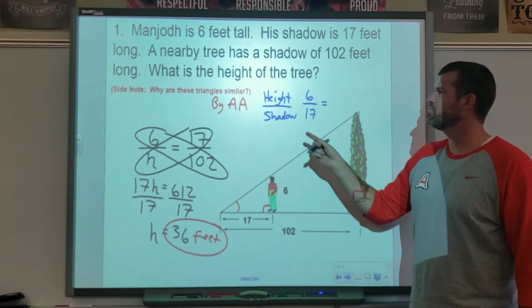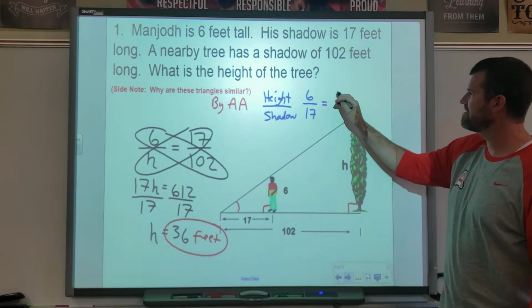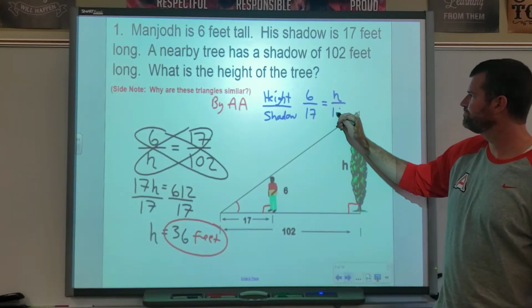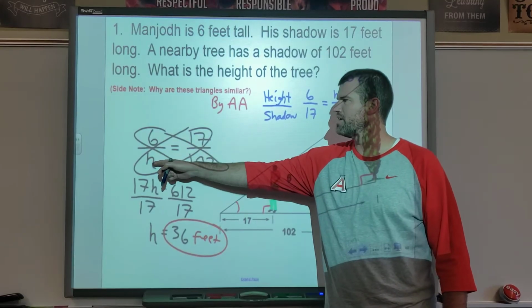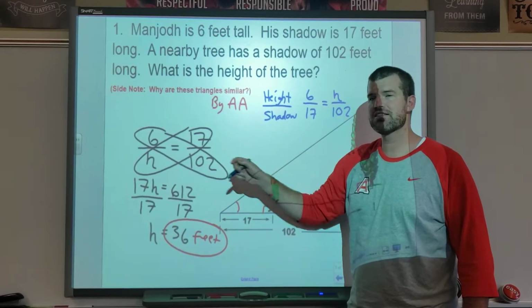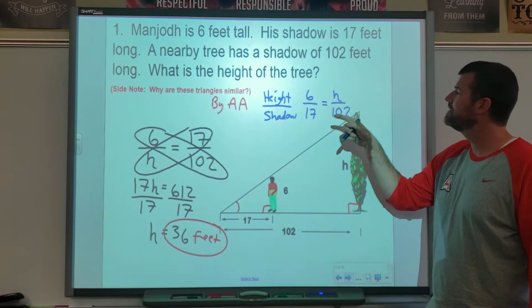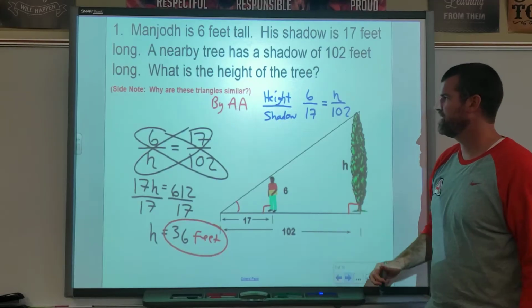And then I can set that equal to the height and the shadow of the other triangle. Right? So the height is h, the shadow is 102. All right, so this first example I did the corresponding pieces. This time I'm doing two sides from the same triangle equal to the same two sides in the other triangle.